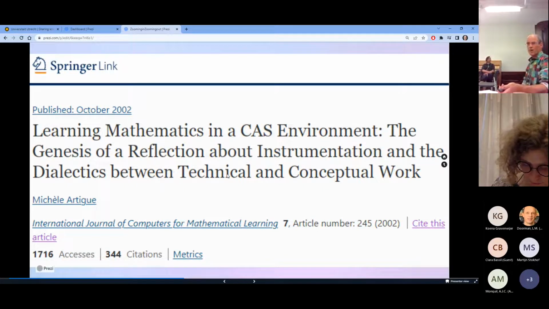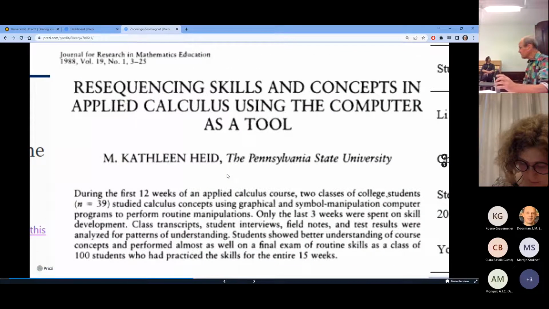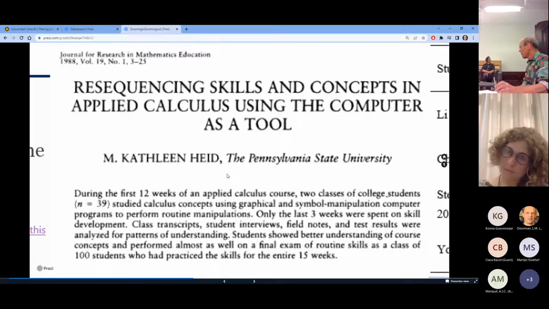Another somewhat optimistic idea was phrased by Kathleen Heid already, in a 1988 paper. That's the time that I guess Han was not even born, but still it's relevant, because she said we can use technology to focus on concept development, and the more procedural skills come afterwards.